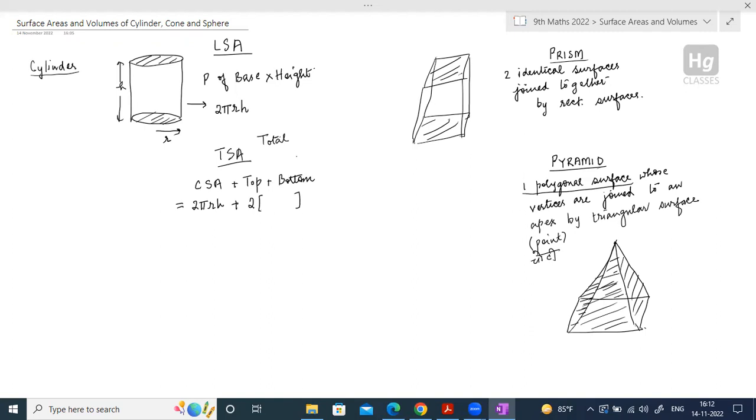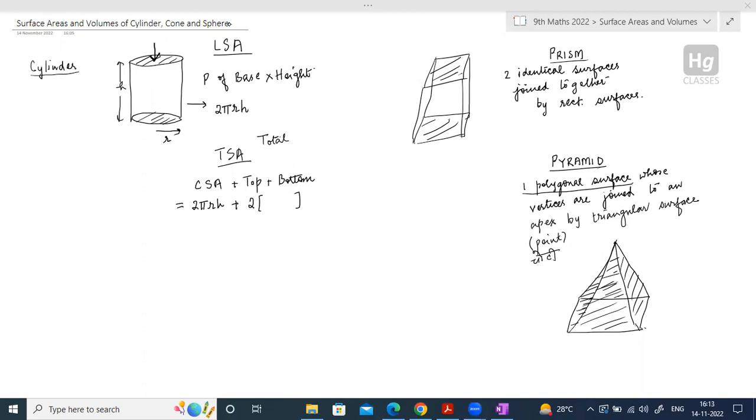And what is the area of the top and bottom in this case for a cylinder? What kind of shape is this for a cylinder? What is the top of a cylinder like? Identical, but what is that shape? Sir, circle.